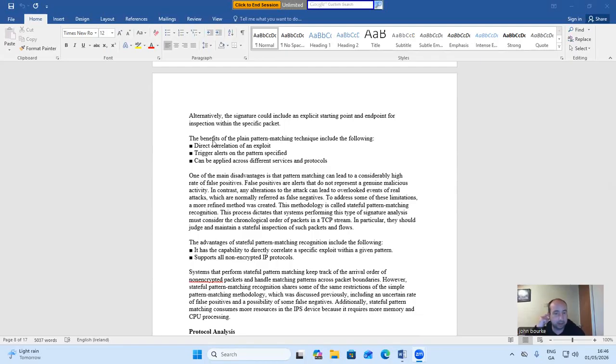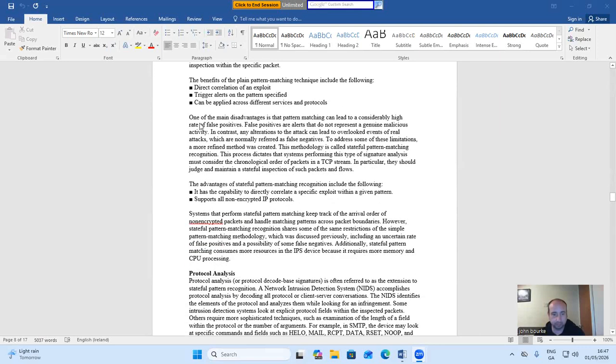The benefits of the plain pattern matching technique include the following: direct correlation of an exploit. Trigger alerts on the pattern specified can be applied across different services and protocols. One of the main disadvantages is that pattern matching can lead to a considerably high rate of false positives.